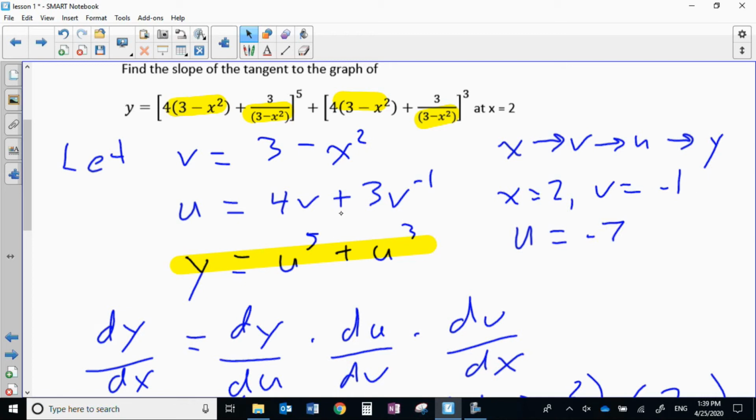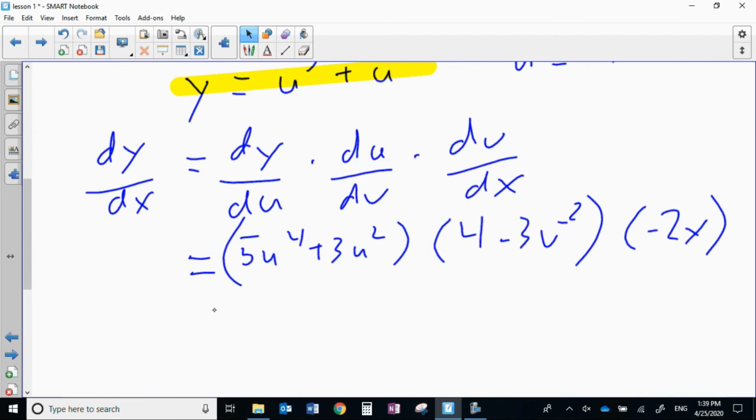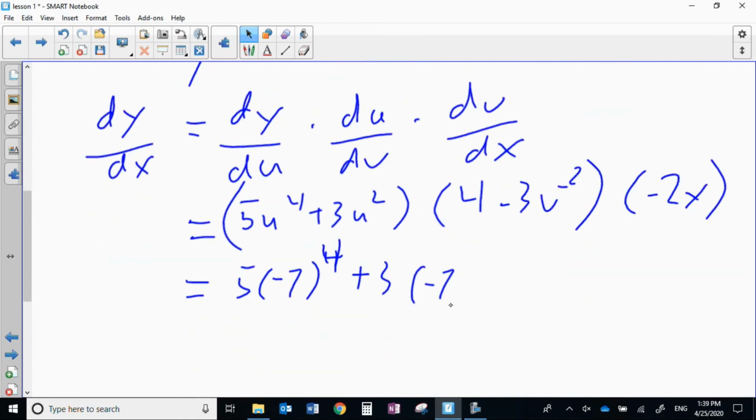If you take 4 times -1 and add 3 times -1, you get -7. So we can actually fill those values in down here. So u equals -7, so we get 5 times -7 to the power of 4 plus 3 times -7 squared, all of that times 4 subtract 3 times -1 to the power of -2, times -2 times 2.